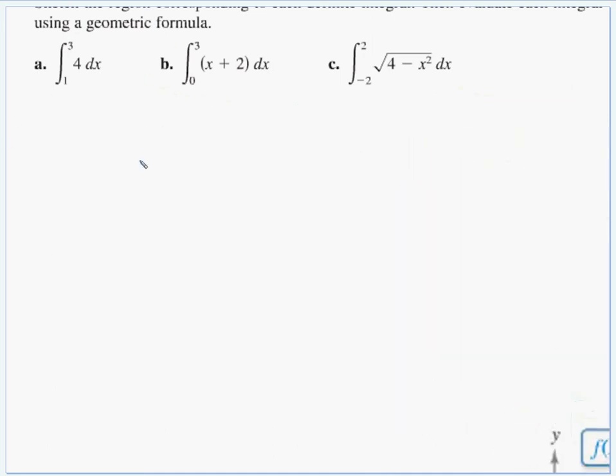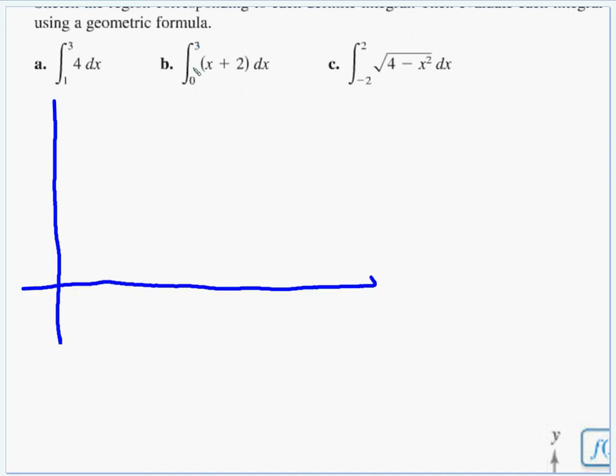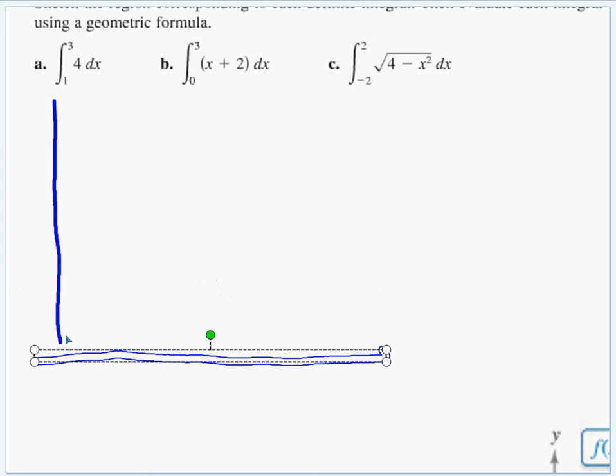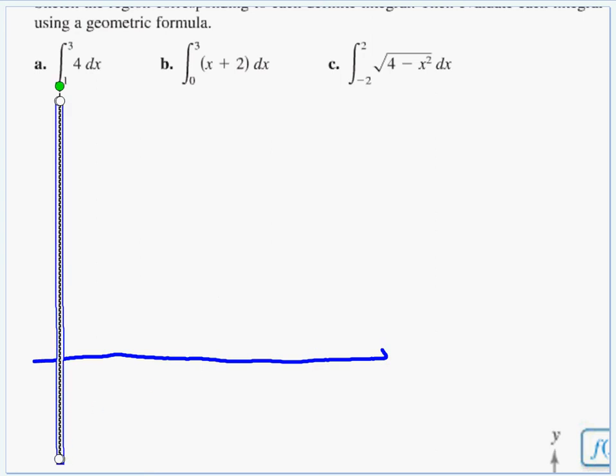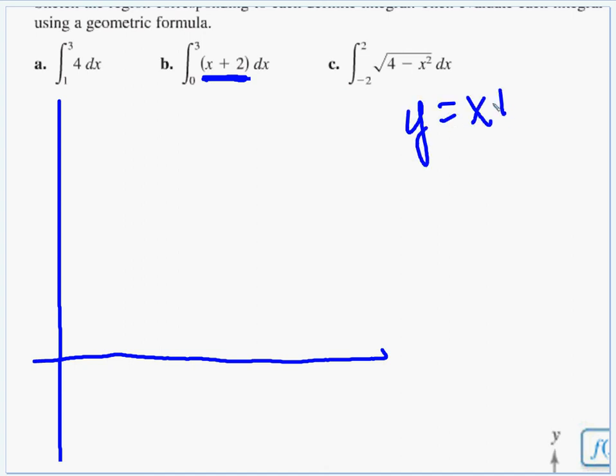Up next, we are moving along the x-axis from 0 to 3. Okay, y equals x plus 2. That's our function. y equals x plus 2.